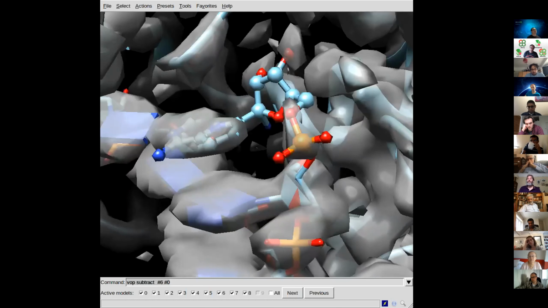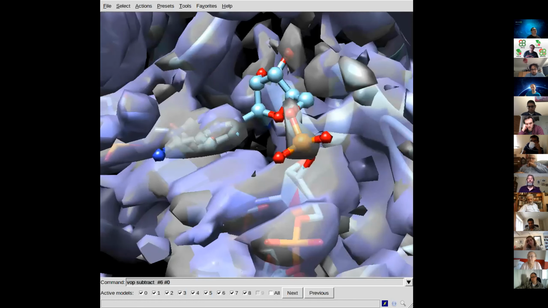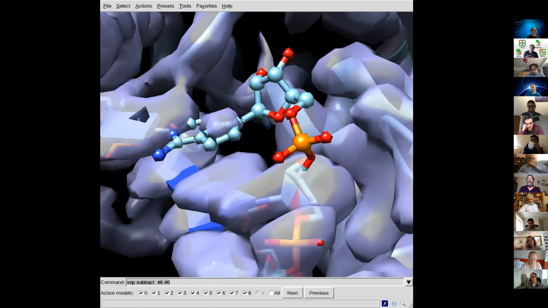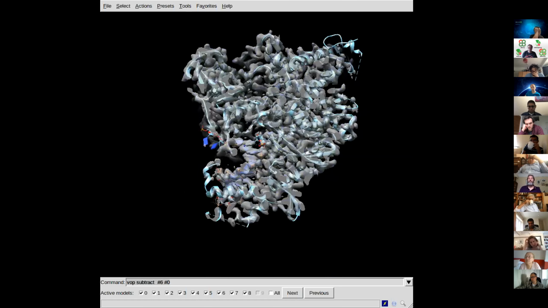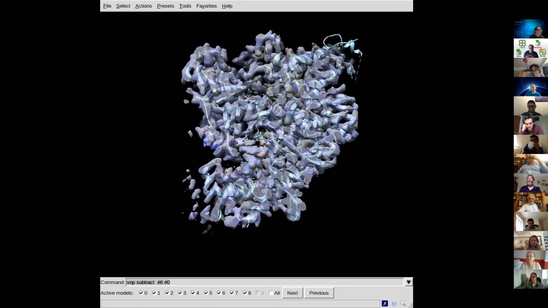But then I also aligned this other map from another group, which was the same complex, but actually a bigger complex, but without any nucleic acid. So this map is 110007.